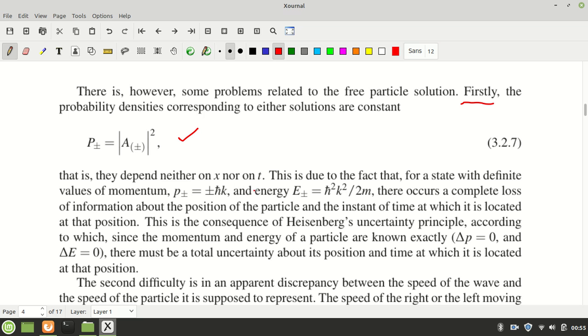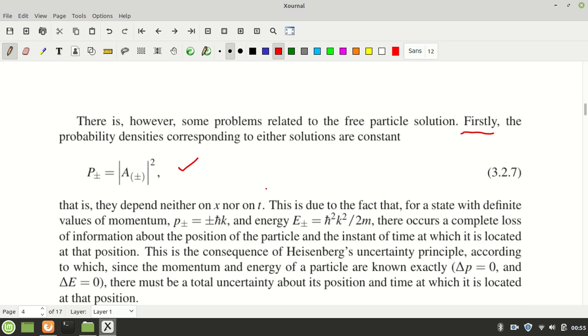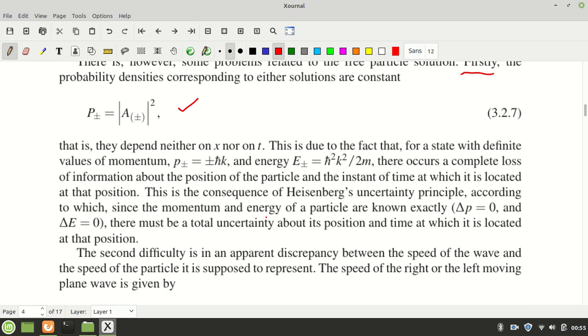You cannot say that the position of the particle can be anywhere, because it is not a function of x, it is a constant. The probability density is constant.